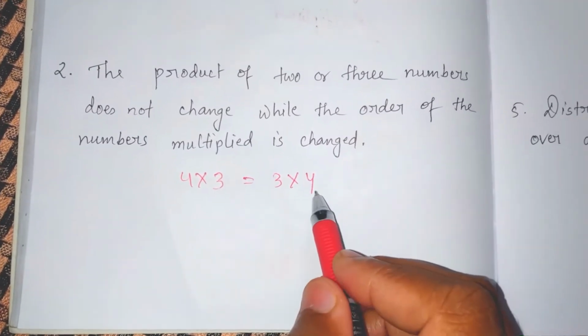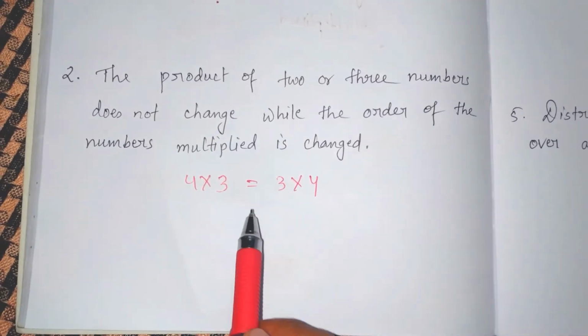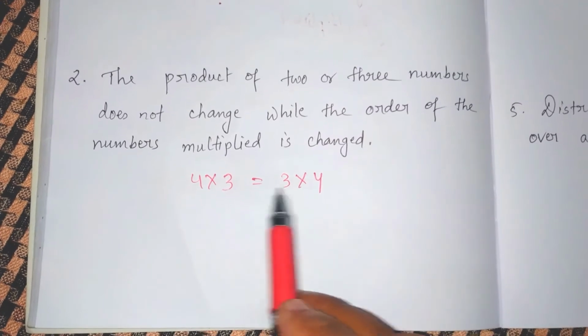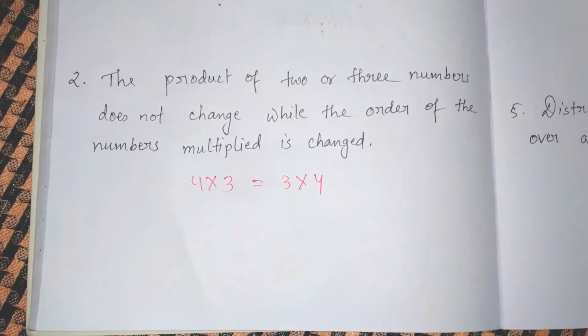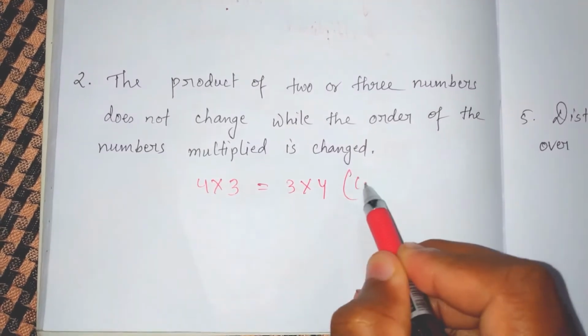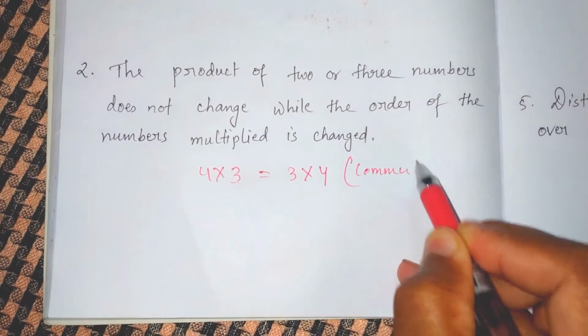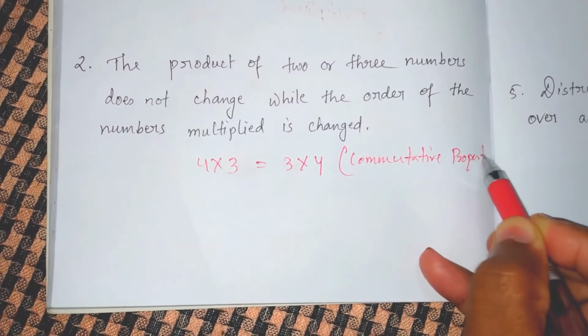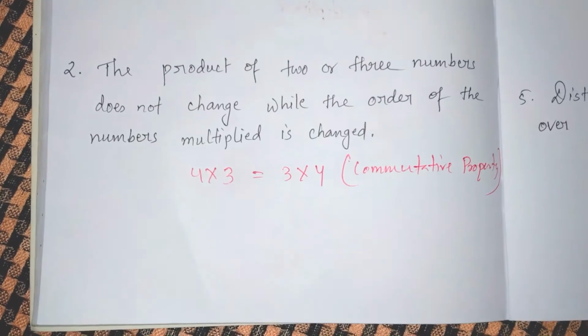That means the product is not changed if I change the order of the numbers to be multiplied. And this kind of property is called commutative property. Let's take another example.